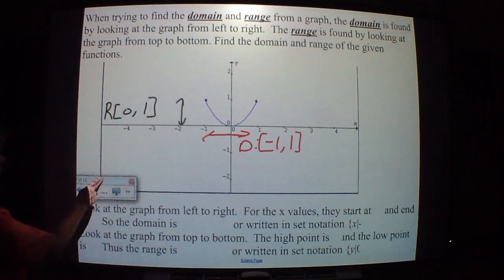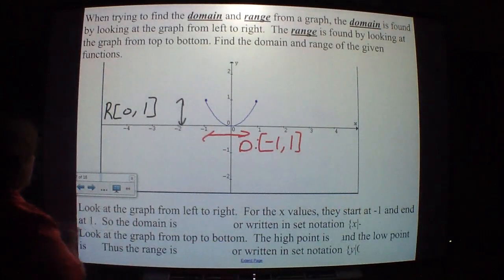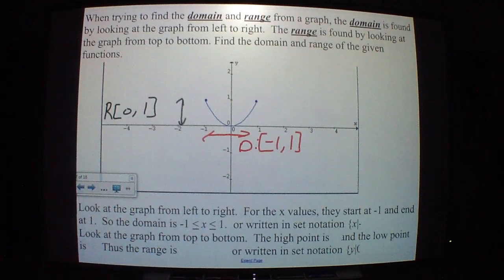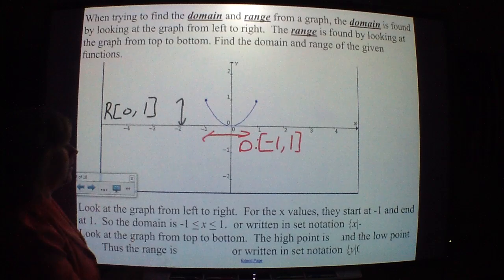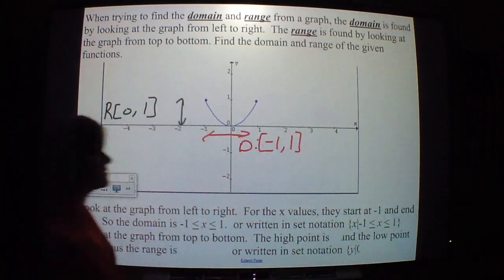And if you want other notation for it, I said it started at -1, ended at +1. So you can write -1 is less than or equal to x is less than or equal to 1. Or the set of x such that -1 is less than or equal to x is less than or equal to 1.